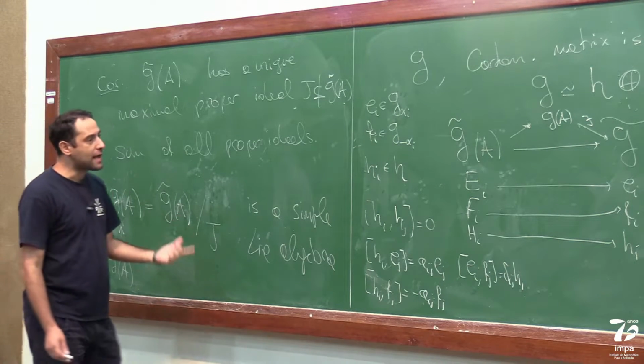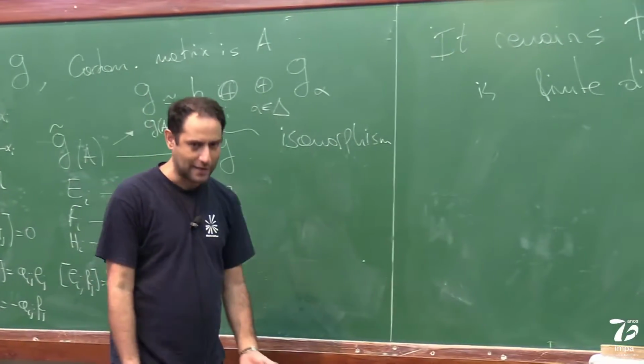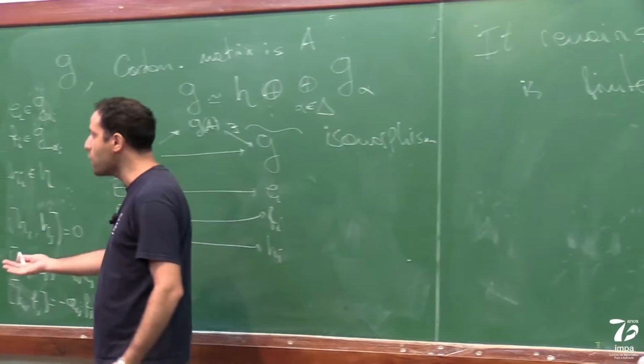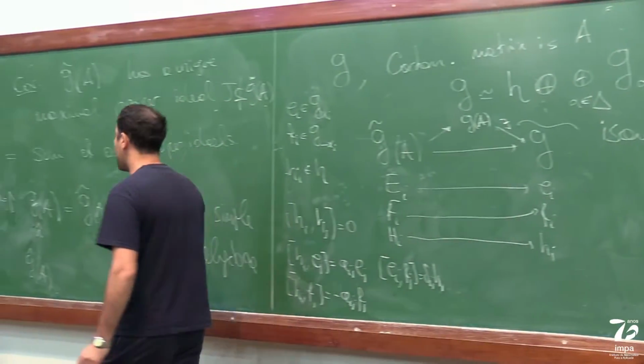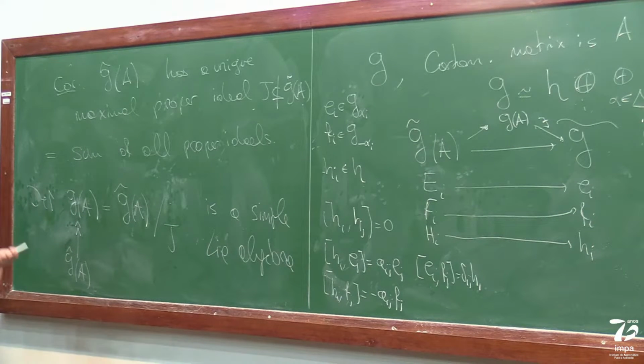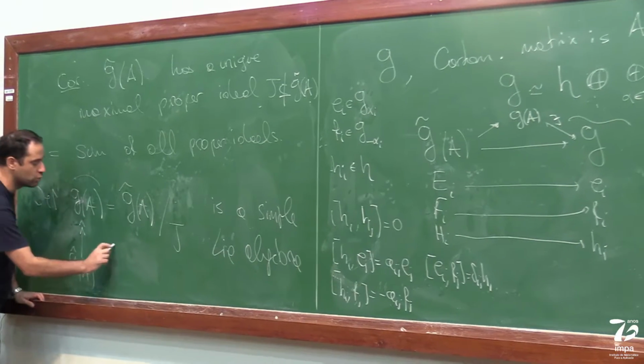Now, for Dynkin diagrams that are not Dynkin diagrams of a Cartan matrix, but of an extended Cartan matrix, you get Lie algebras that are no longer finite dimensional. So the final dimensionality of this g of A is going to be a property of the Cartan matrix itself, being Cartan. But if you just take one of the extended diagrams, these guys are infinite dimensional, and these are called Kac-Moody Lie algebras.